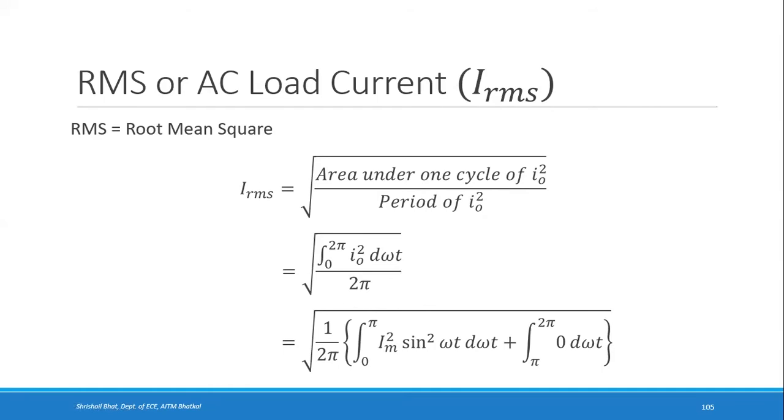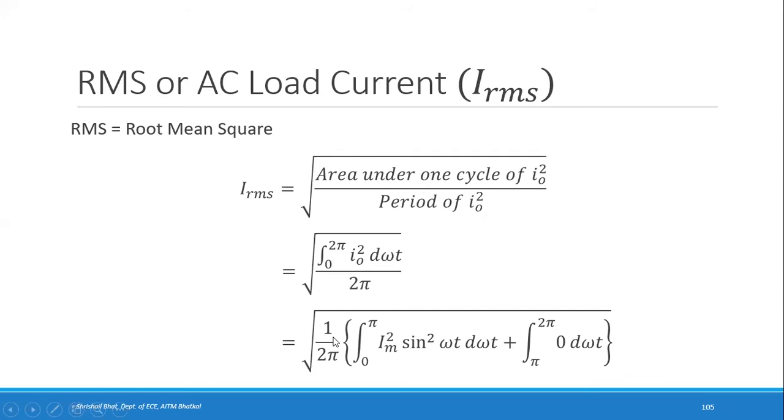So if I split the integrals, i0 squared is Im squared sine squared omega t in the first part, and here it is 0. The integration of 0 becomes essentially 0. And here I have the Im squared term, which is unrelated to omega t, so I can keep Im squared outside the integral.